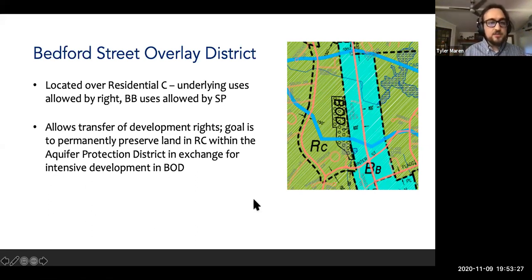They use the mechanism of transfer of development rights, where the construction takes place within one area, but the associated open space is located elsewhere. So the idea is to preserve land elsewhere in this Aquifer district while doing the construction in one area. Next slide.